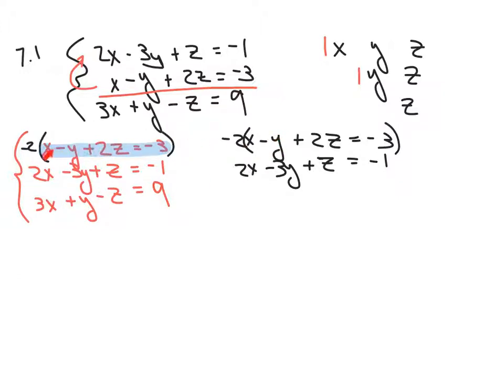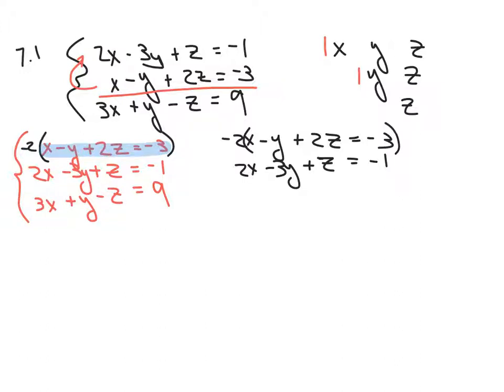What I have here in blue, and you might want to do this, once you get the number in front of your x to be a positive 1, highlight it so that you know when you're done, you're going to have this equation right here. The rest of it, when we change things around, is not going to matter.